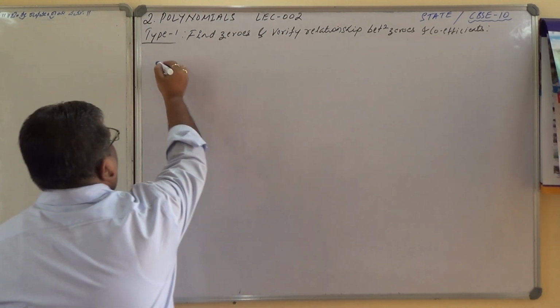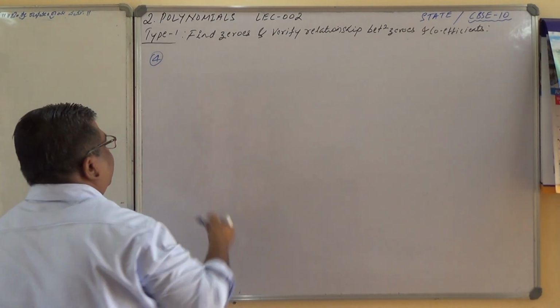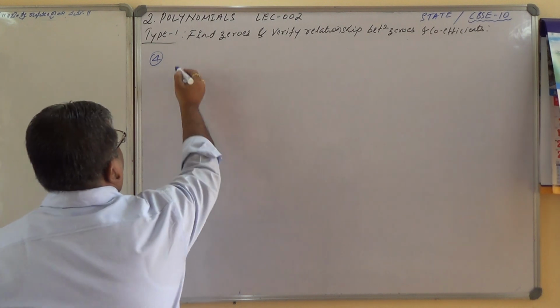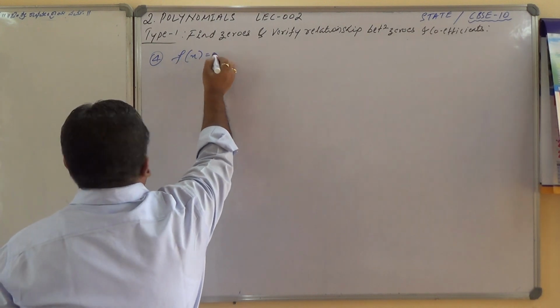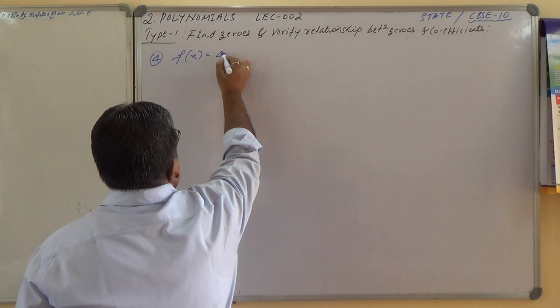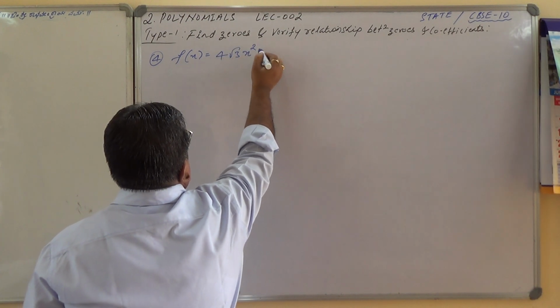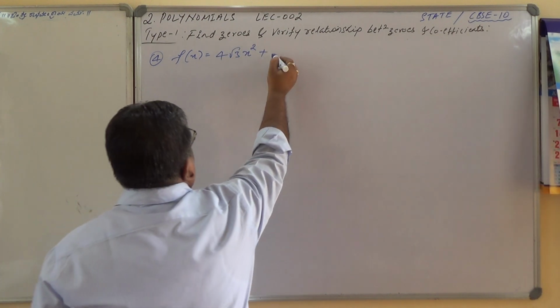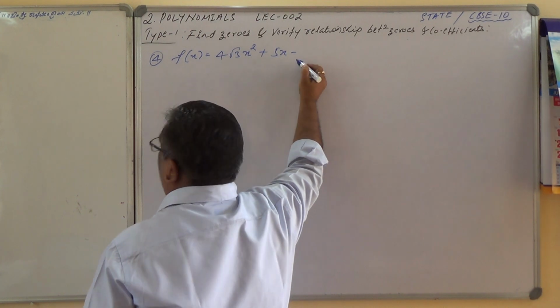So given here is the fourth problem. I think it is fourth. Serial number, don't bother. You go on putting the serial numbers. F of x equals 4 root 3 x square plus 5x minus 2 root 3.